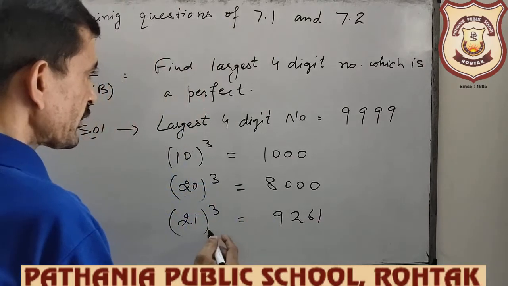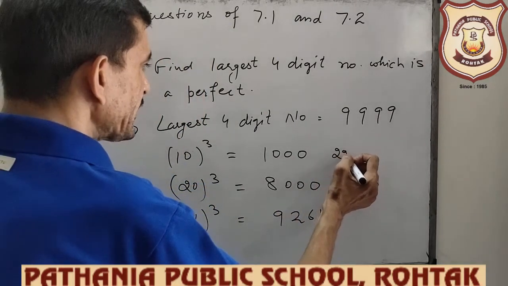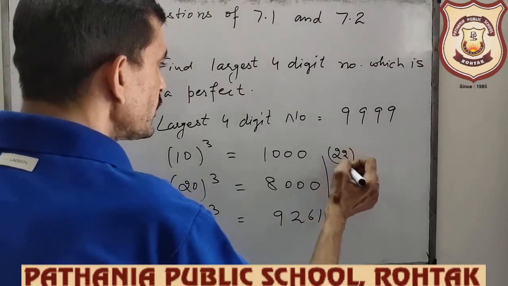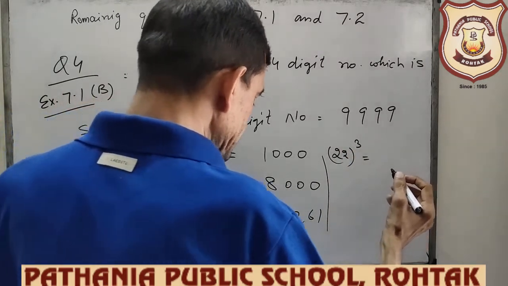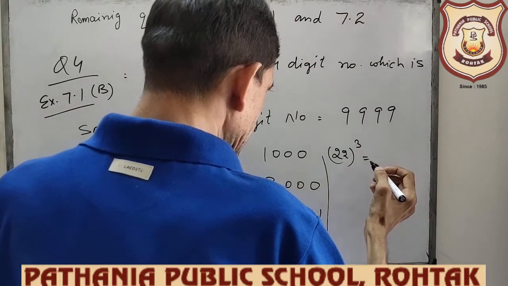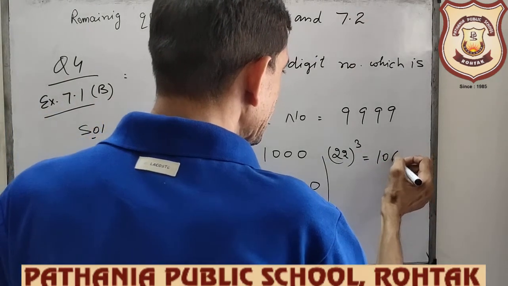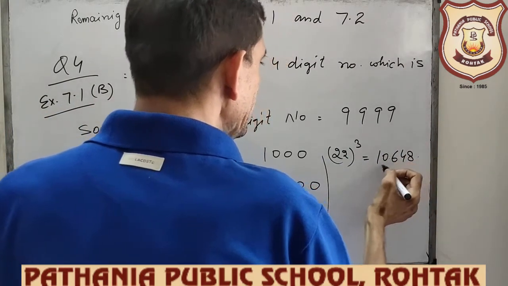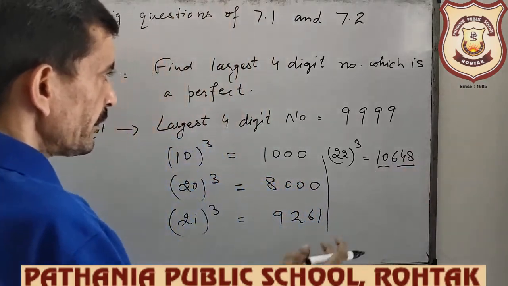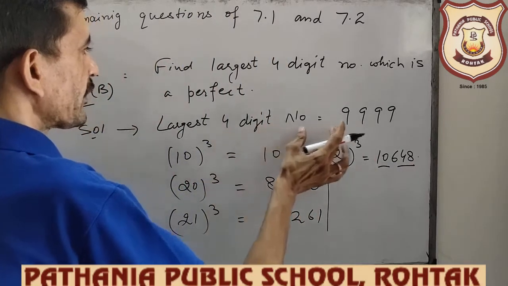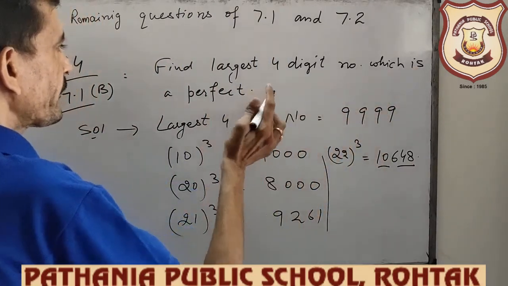Now try the cube of 22. 22 cube is, I calculated it, 10,648. It is 5-digit. But what we required is the largest 4-digit number which is a perfect cube.